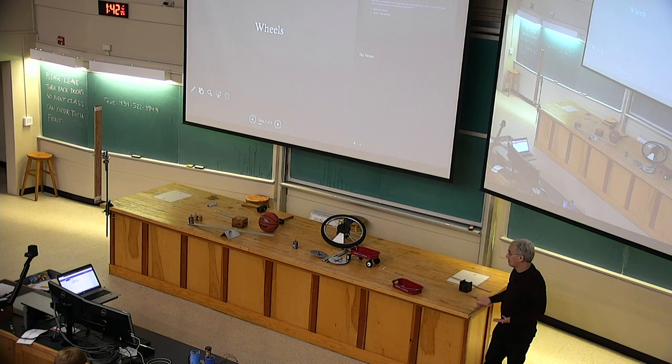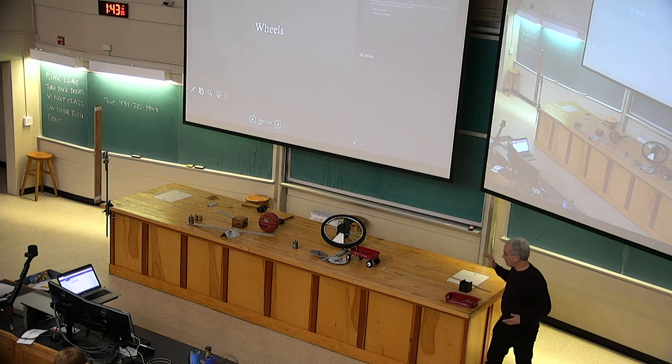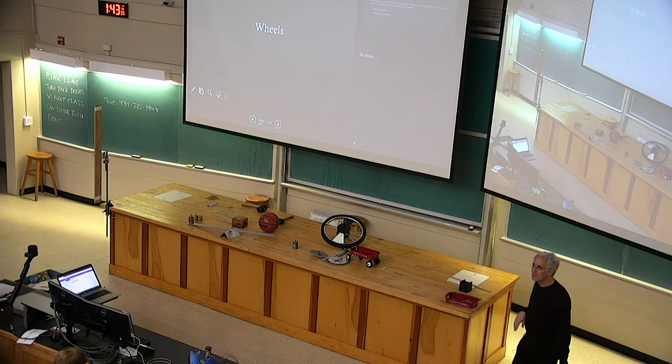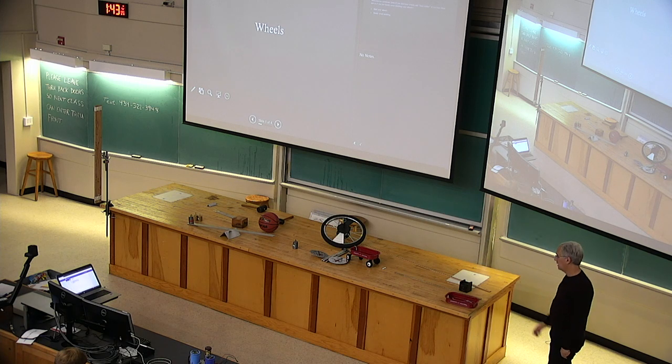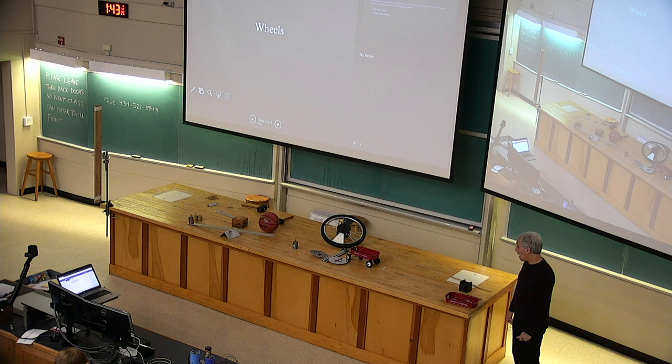It was going to the left and accelerated to the right, came to a stop. And that's a frictional force from the table on the wagon. And of course, the frictional force is smart. It always fights the relative velocity. So if the wagon's moving to the right, the frictional force pushes it to the left and stops it. Okay?